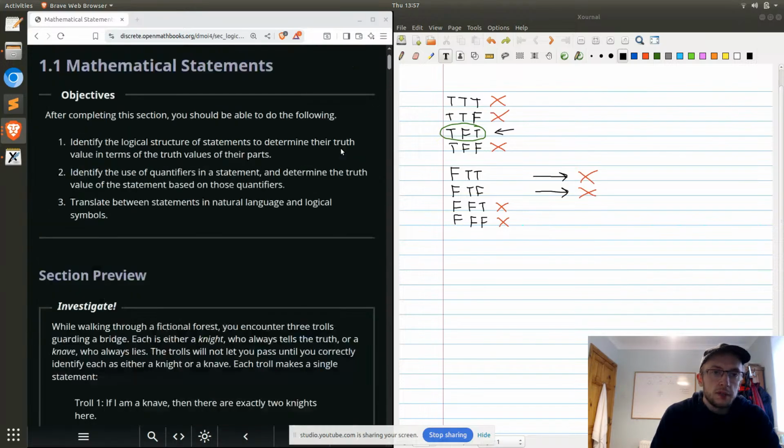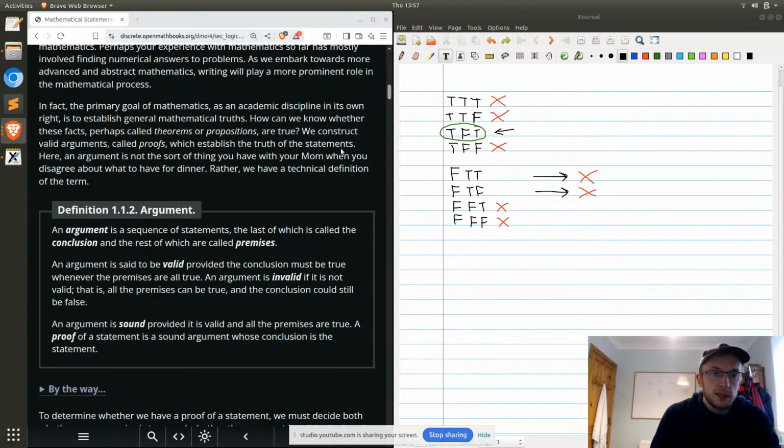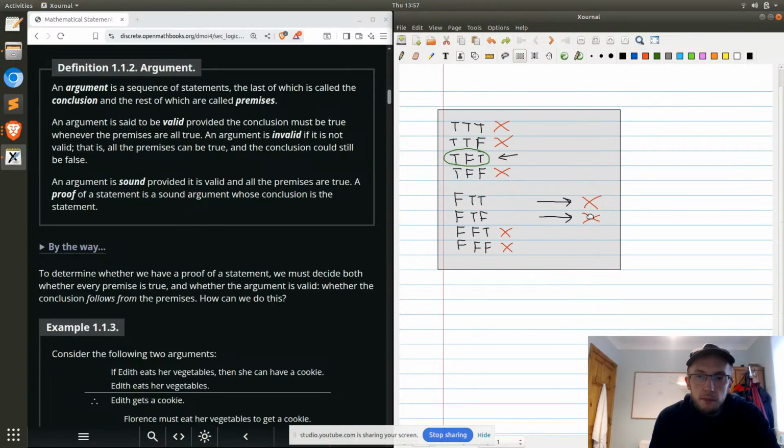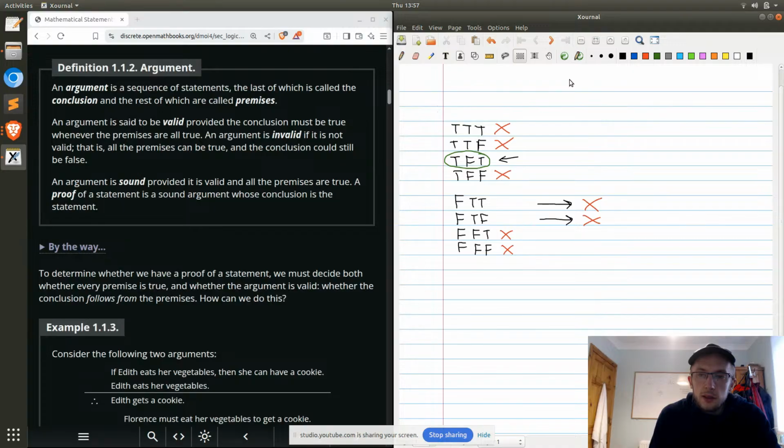So I haven't titled my notes as of yet, so I best do that now. So this is section 1.1, mathematical statements.